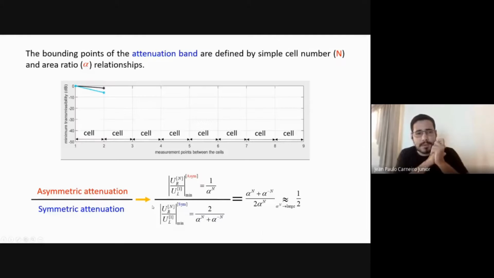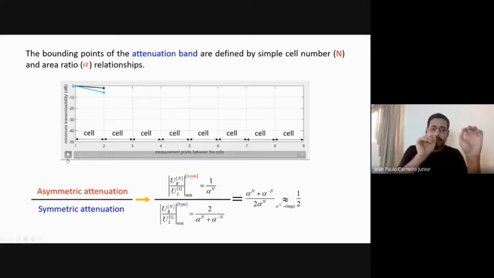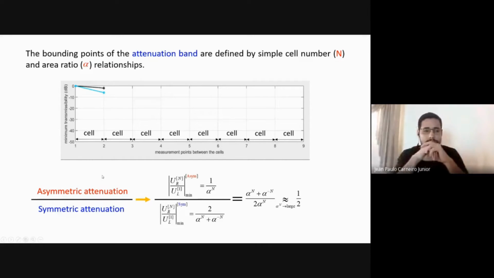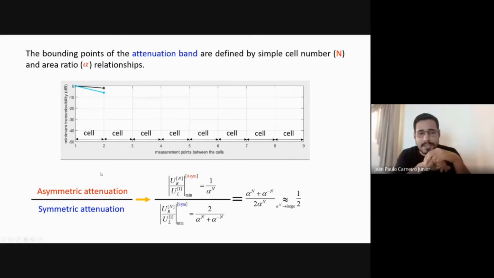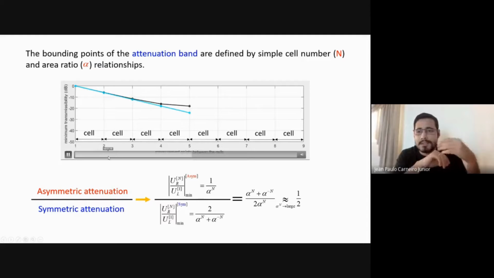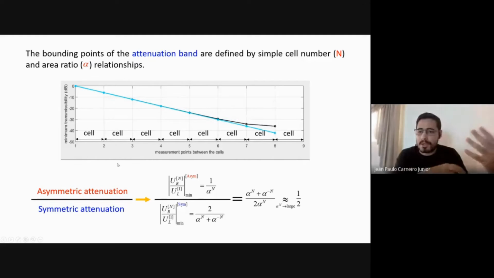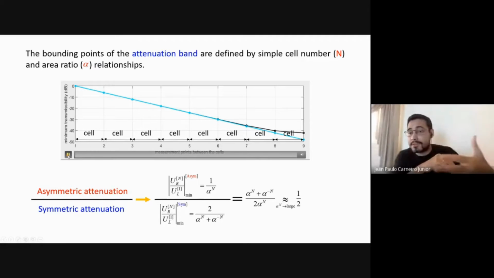Next slide, please, Professor. So imagine that we have a structure with 8 cells, and we measure the minimum transmissibility at each of these 8 cells. In the animation, we will see that the divergence between symmetrical and asymmetrical minimum transmissibility happens just in the last 2 cells.